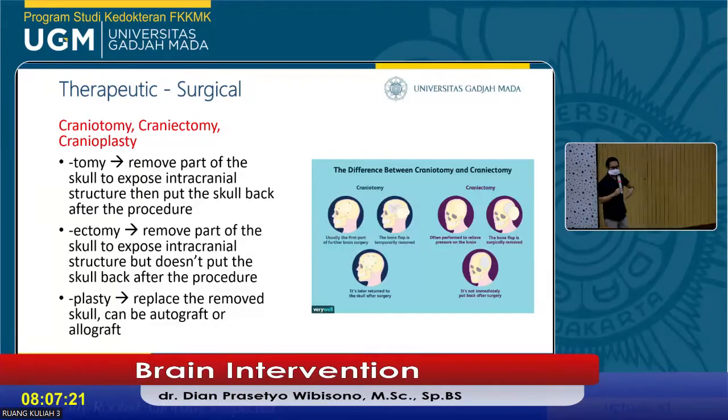After some period, maybe 1 month until 6 months, when the prerequisite for the next procedure is fulfilled, we can put the bone back to its initial place. So we take the one that was put in the abdomen or in the contralateral subgaleal area and put it back.